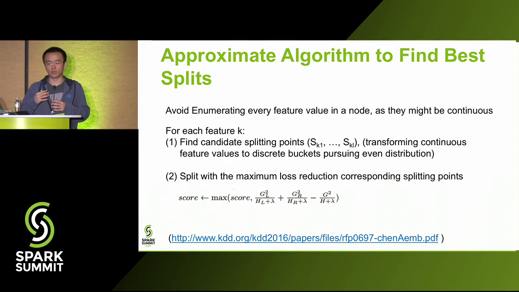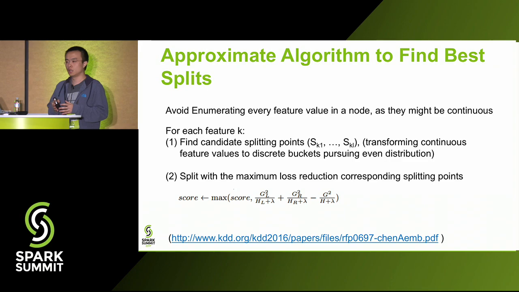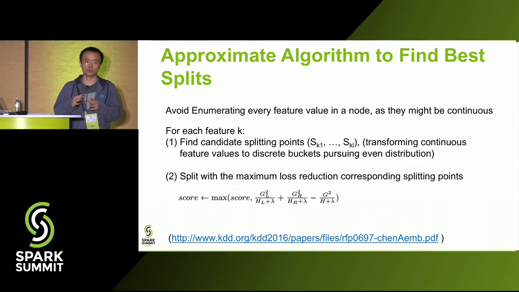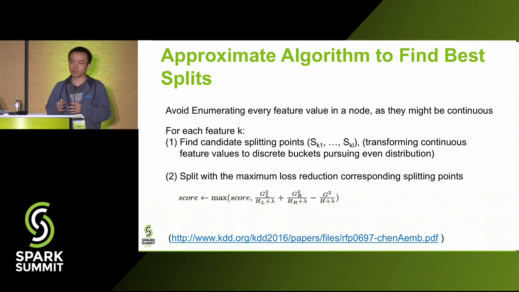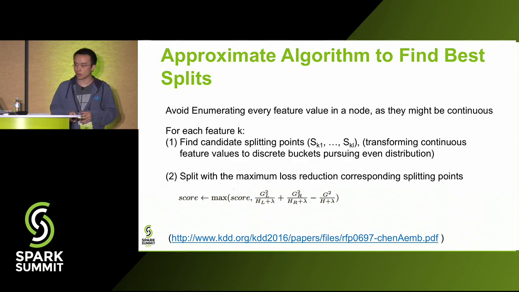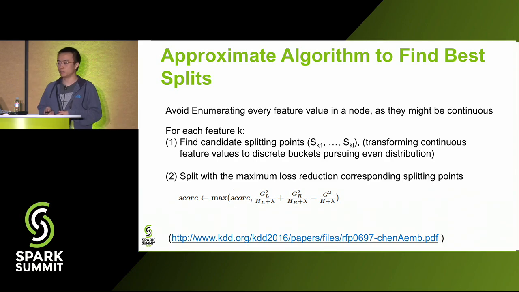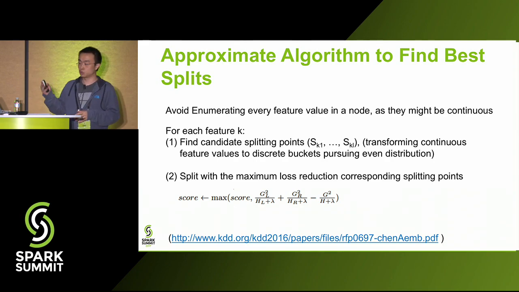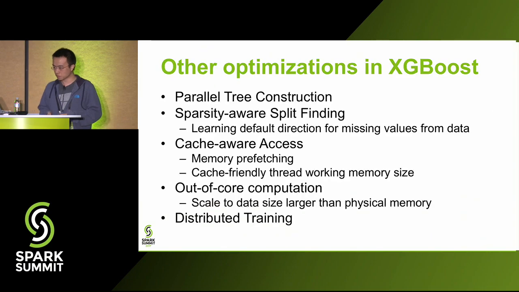So we propose to transform the continuous feature values into discrete buckets. And then these buckets should pursue a mostly even data distribution. And among the boundaries of these buckets, we will take the one which brings the largest loss reduction. How to achieve this is also described in detail in the paper. So if you're interested, read our paper.